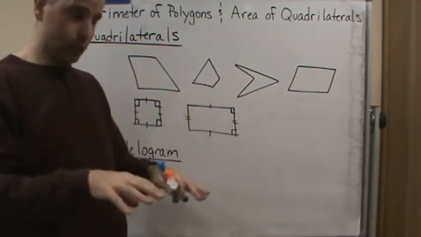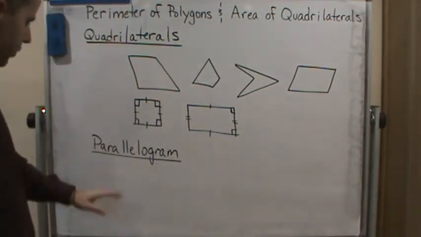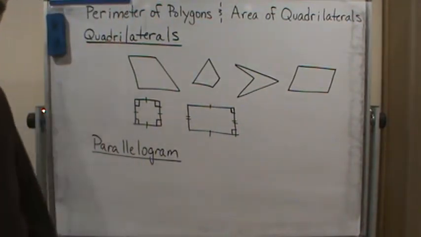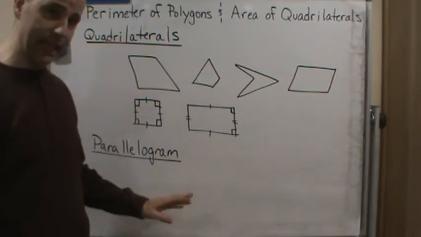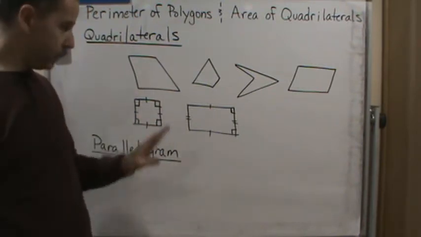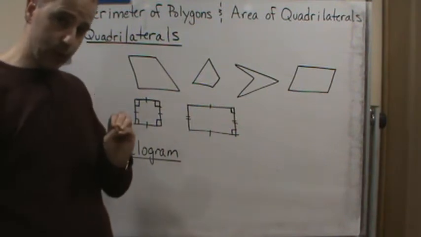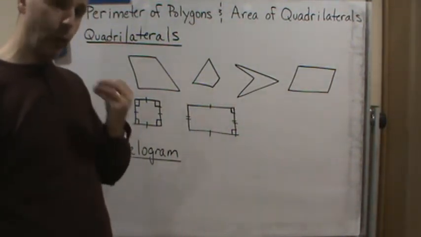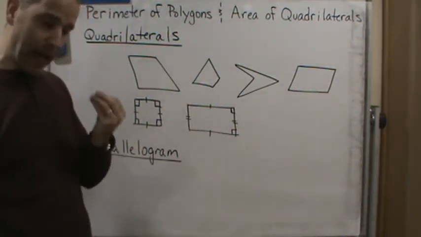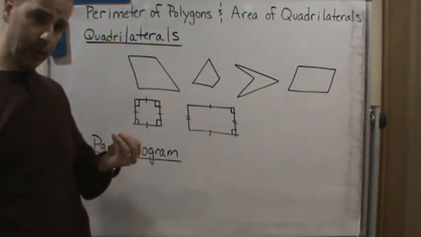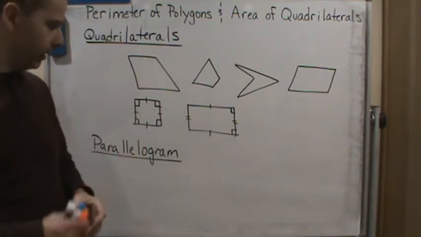Now, once we start getting into the set of all quadrilaterals, we can start subdividing into different categories within quadrilaterals. For example, we could talk about parallelograms. A parallelogram is a quadrilateral, so it's within the realm of quadrilaterals, but it's a quadrilateral in which opposite sides are parallel.